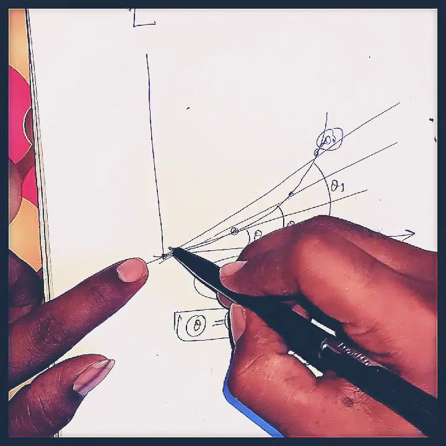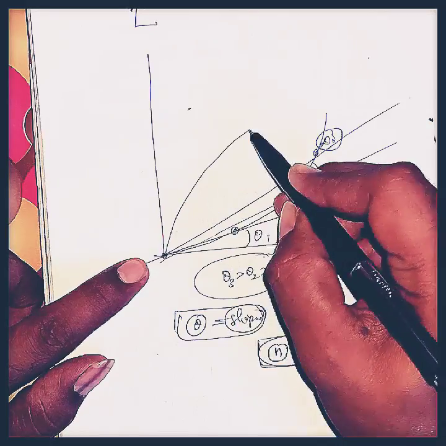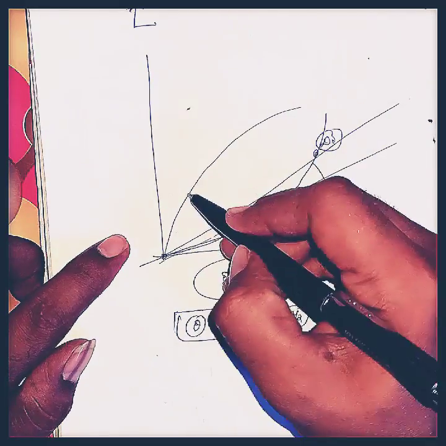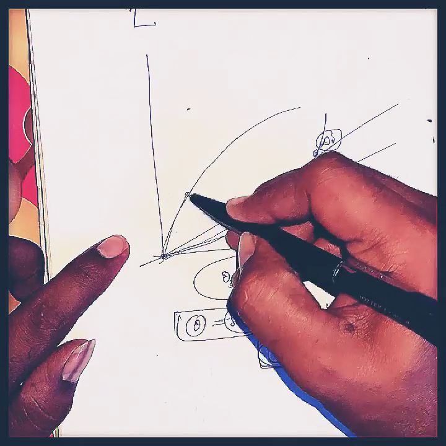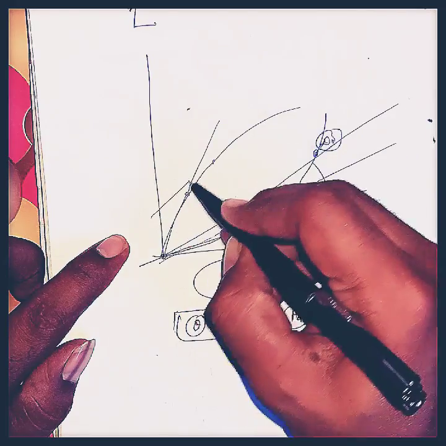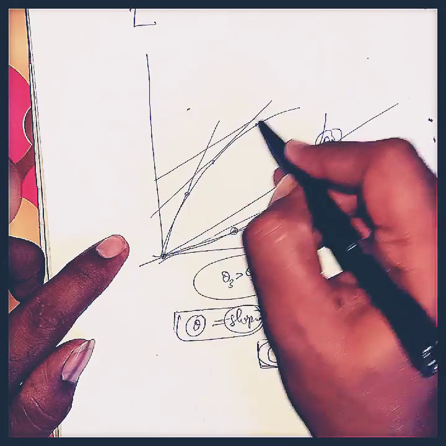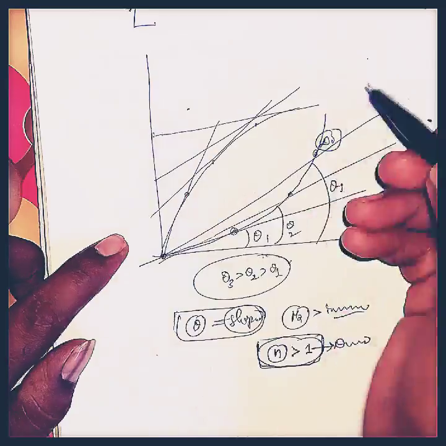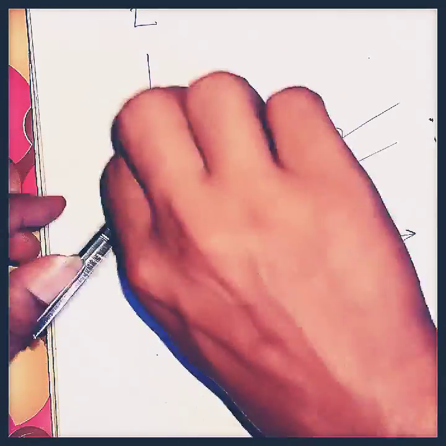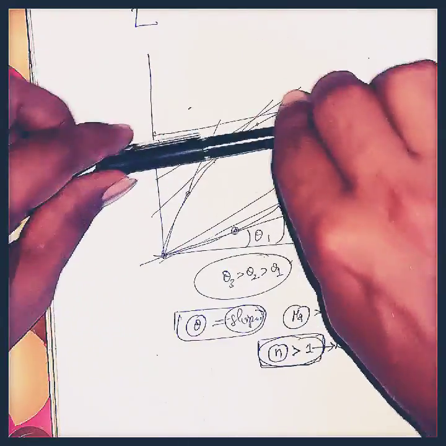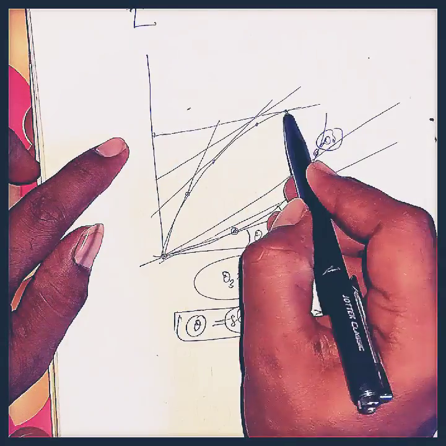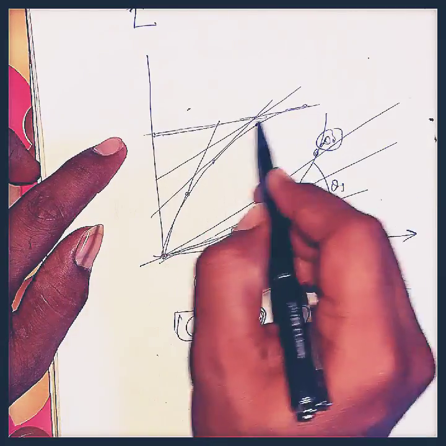If I consider the pseudoplastic graph, it will be like this. If I draw tangents on this line, these lines go on flattening. Flattening means that at some point the line will be horizontal.